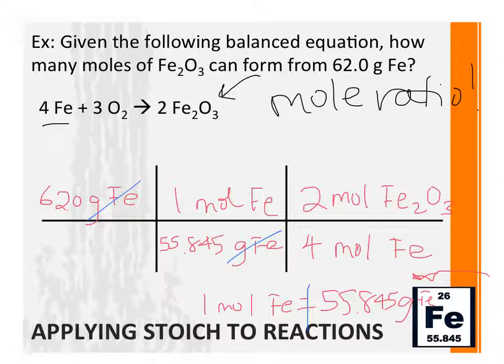So now moles of iron will cancel out. And then we can go ahead and do the math problem. 62.0 times 2 divided by 55.845 divided by 4, which rounded to sig figs gives us an answer of 0.555 moles of iron 3 oxide.